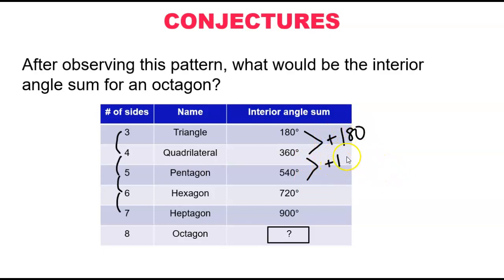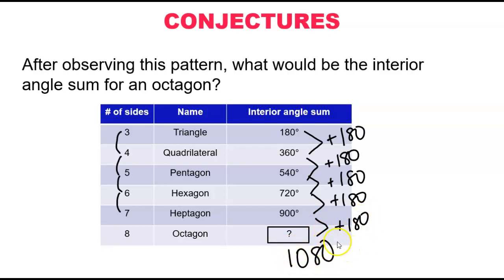These have a difference of 180. So I'm thinking that every time these are going to go up by 180. So 900 plus 180 gets me 1080. So I'm using those patterns to come up with a conjecture.